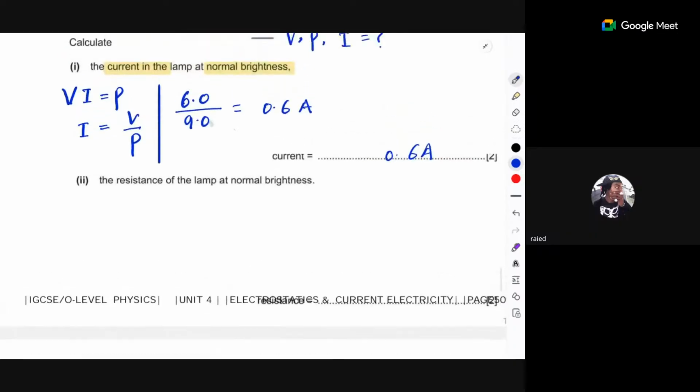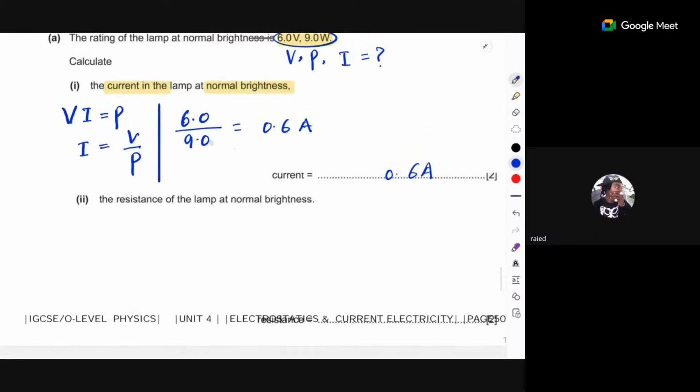Now the resistance of the lamp at the normal brightness. What to do? The resistance of the lamp at the normal brightness. So beta ji, resistance means that you have different ways. Either R is equals to V by I, right?